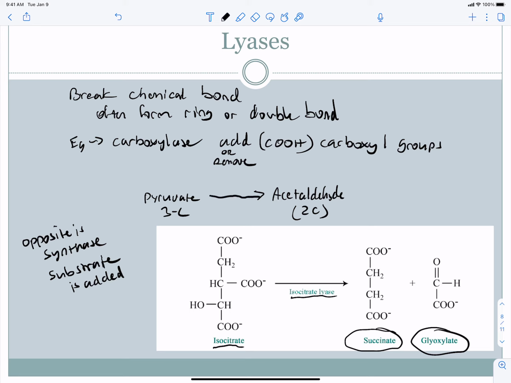And these are not easily reversed. And so this is going to require pyruvate decarboxylase, and this requires also the coenzyme TPP. And another that's very important is the conversion of pyruvate to oxaloacetate in the mitochondria.